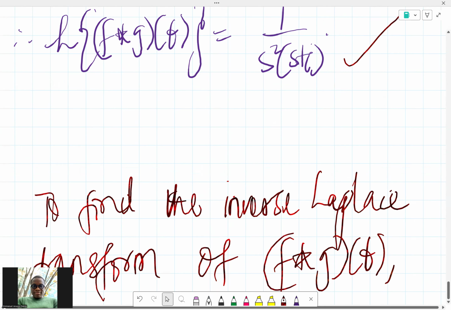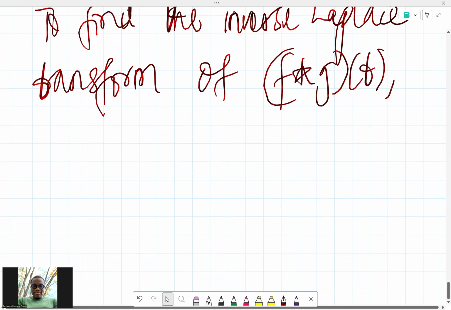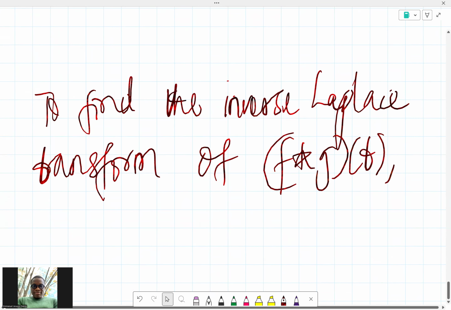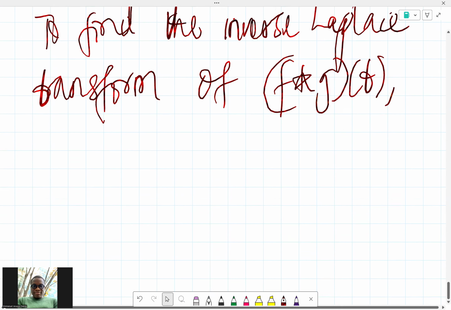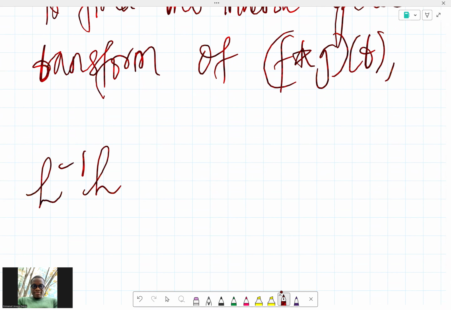So it's more like we are undoing what we did already. We are looking for f convoluted with g again. So this is the inverse Laplace of the Laplace of f convoluted with g of t.